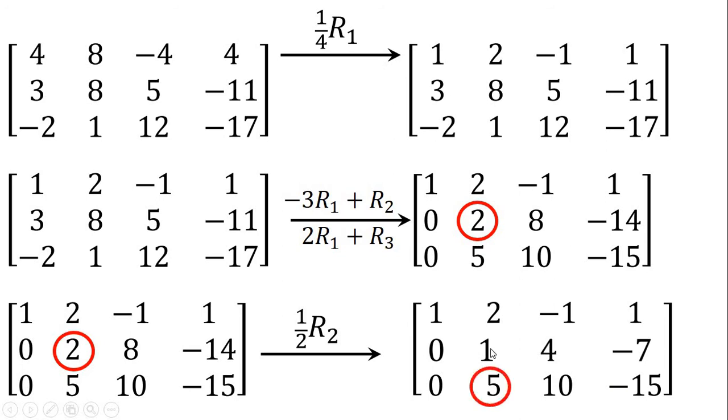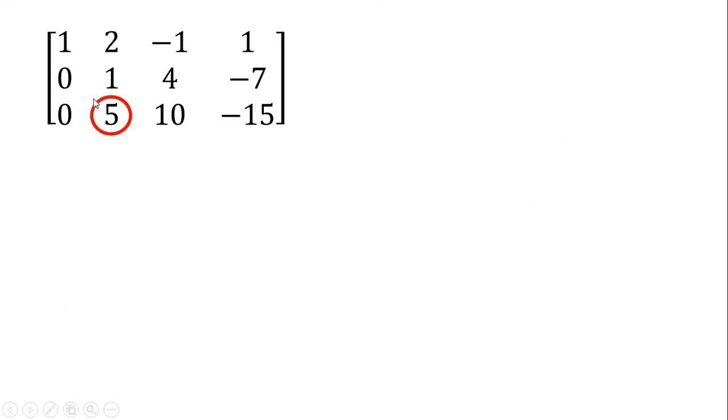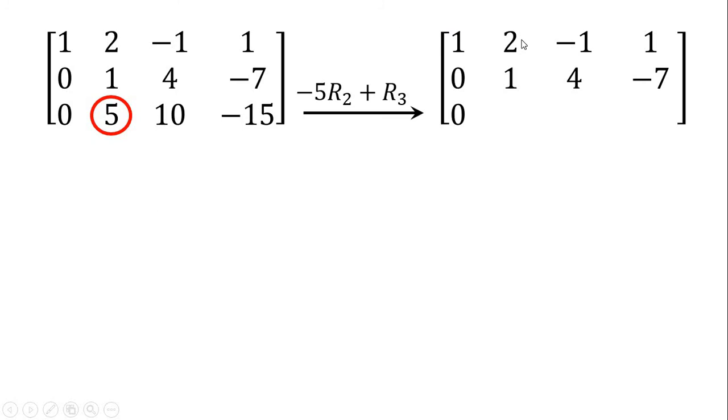After that, I need to obtain a 0 below this leading entry. And according to our process, I will use this 1 here. I will multiply an appropriate constant and add that to row 3. So in this case, I will multiply this by negative 5 and add that to row 3. So first, I will copy the first and the second rows.